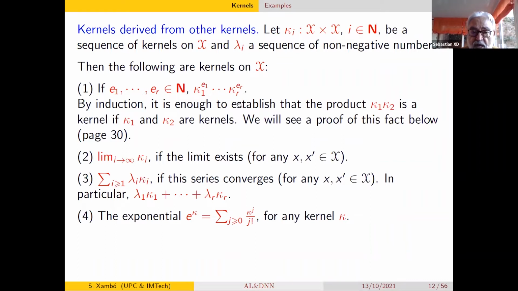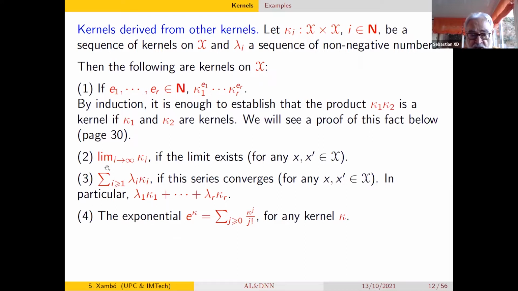This is very easy to check because when you do the kernel matrix, for each kappa i it is semi-positive, and then when you check the kernel condition, it is reduced to the kernel conditions of the kappa i and the fact that the lambda i are positive.